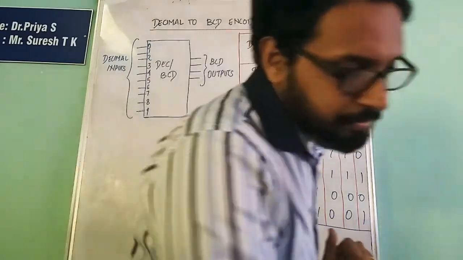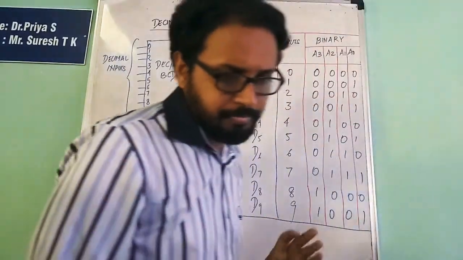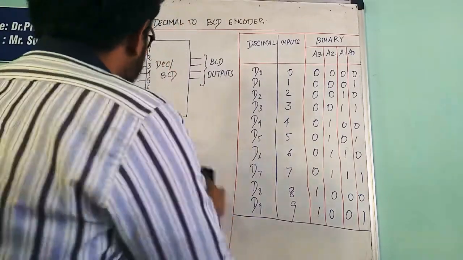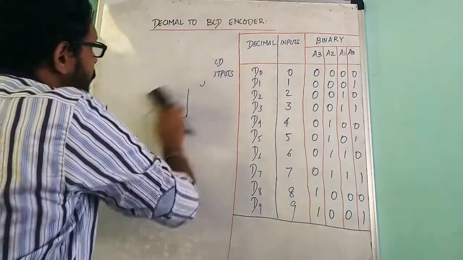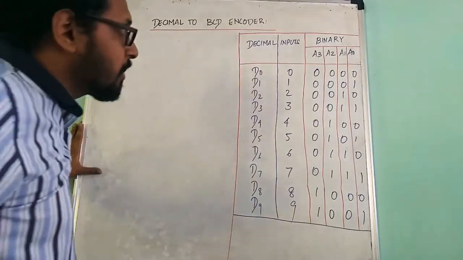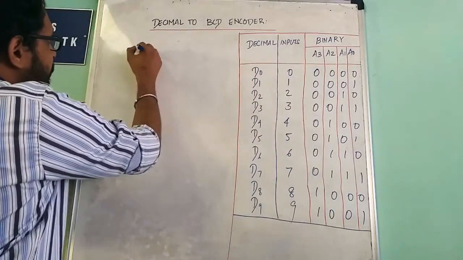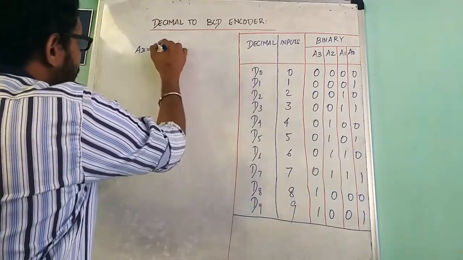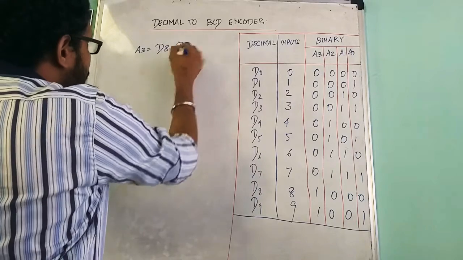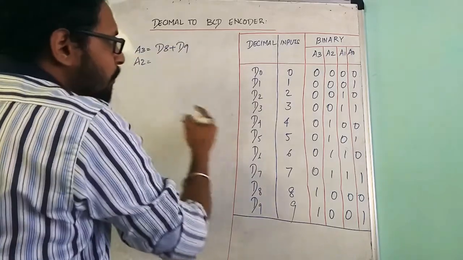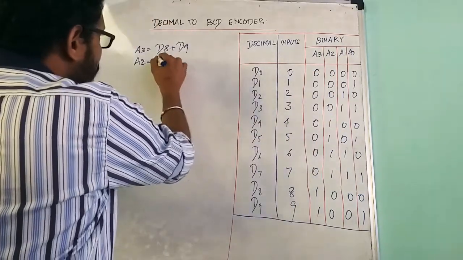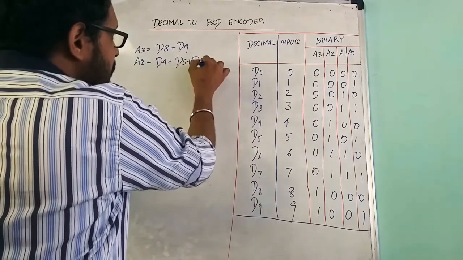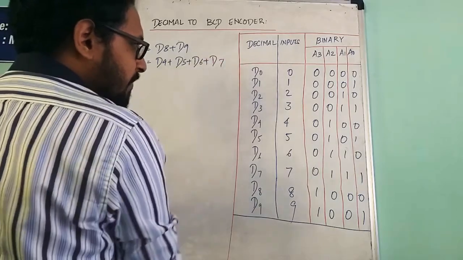From this we need to get values for all these cases. A3 is equal to D8 plus D9. A2 is equal to D4 plus D5 plus D6 plus D7.